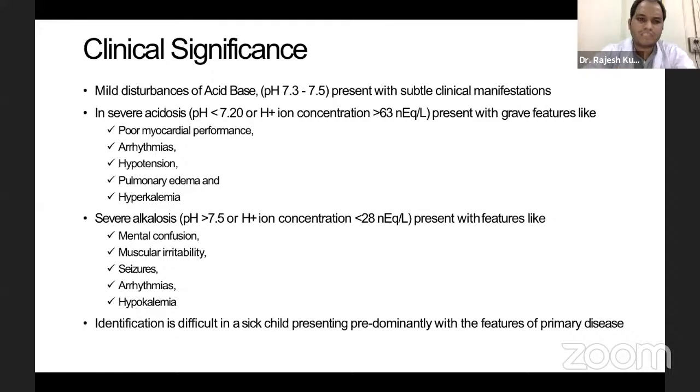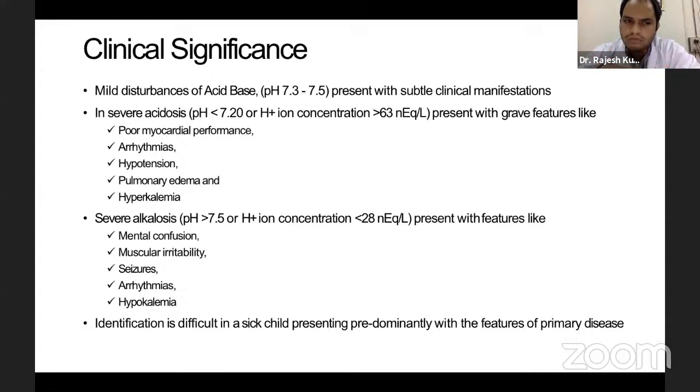If your patient has severe acidosis, like pH less than 7.20 or H ions more than 63 nanoequivalents per liter, the patient along with pH less than 7.2 should have features like poor myocardial performance, arrhythmias, hypotension, pulmonary edema, or hyperkalemia.